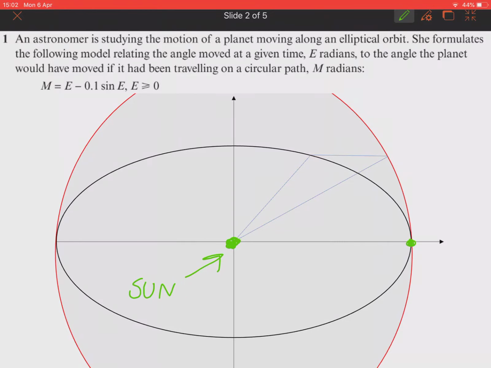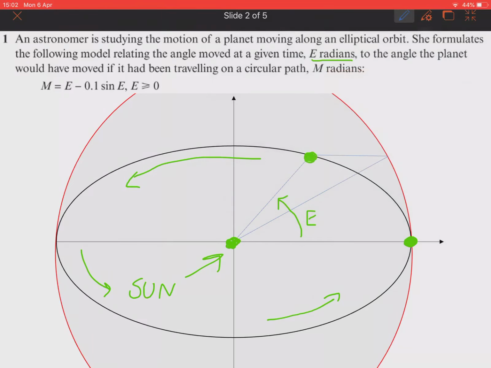So for example, if we take the planet starting here and it's travelling around in this elliptical path like this, then at a given time, if we say its position is here, then it's moved through an angle from its starting position of E radians, which will be that angle.